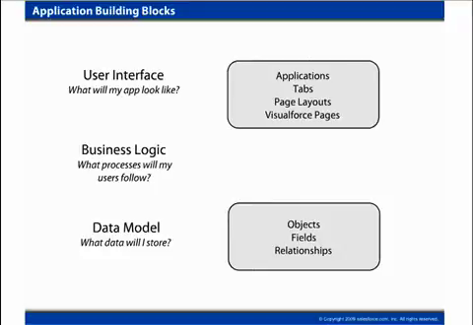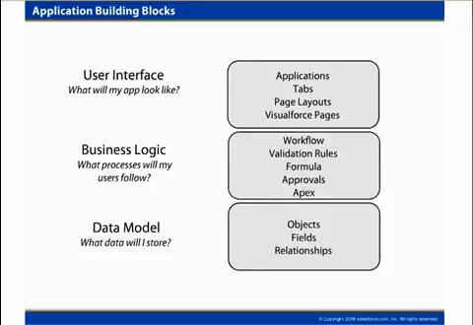The Force.com platform provides features like workflow, approvals, validation rules, formula fields, and Apex code to help you construct your app's business logic layer. So as you can see, most of the Force.com features required to build business applications need no specialized skills beyond the ones you probably already know as a Salesforce system administrator.